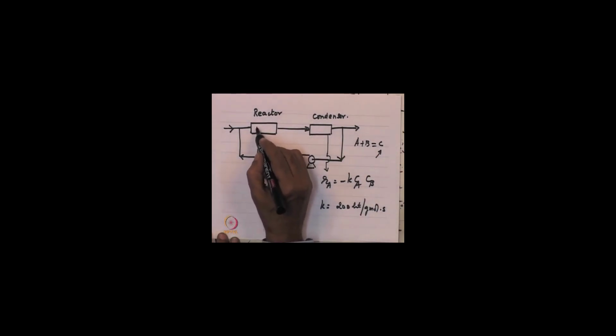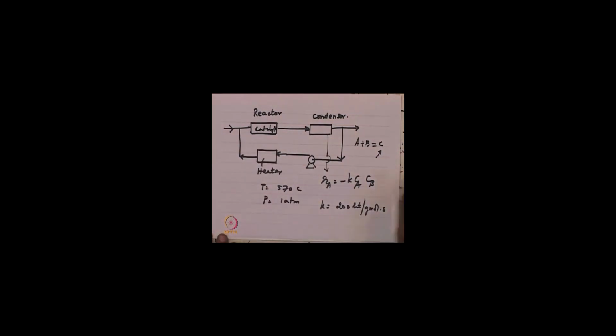So, we have a catalytic reaction with a catalyst here, and then we are recycling after removal of the condensate. This is condensate C. Once again, recognize that the stream does not condense until it becomes saturated.